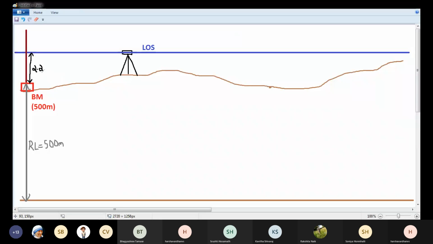This staff reading, which is taken on the benchmark, a point whose elevation is known to us, is called backside. We write it as BS.